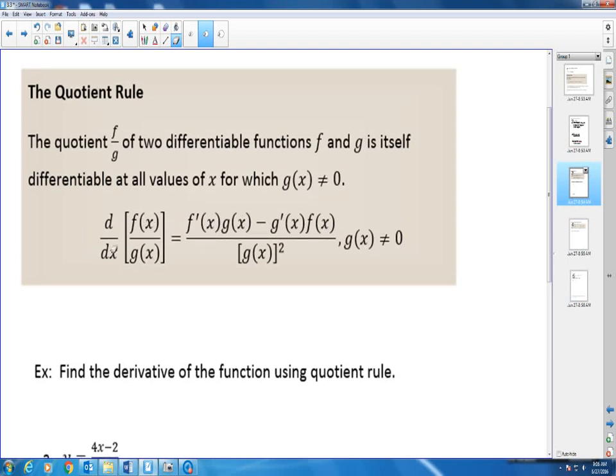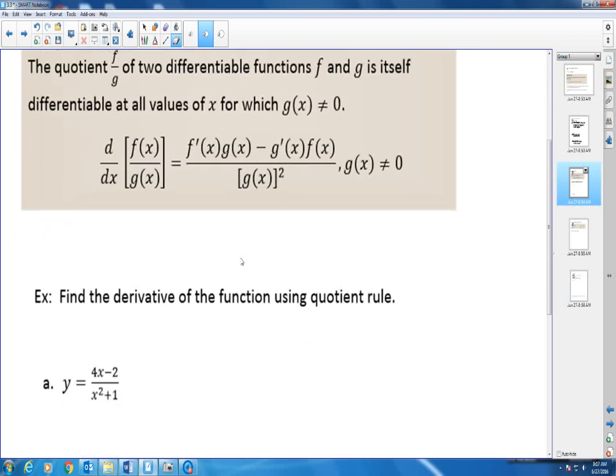So if I have a big fraction function that I need to divide and then take a derivative of, the way we say it is: the derivative of the top times the bottom, minus the derivative of the bottom times the top, divided by the bottom squared. Alright, so a little bit more complicated here.